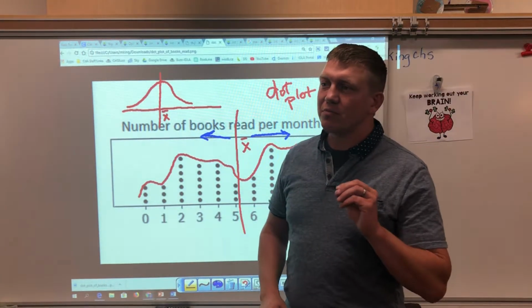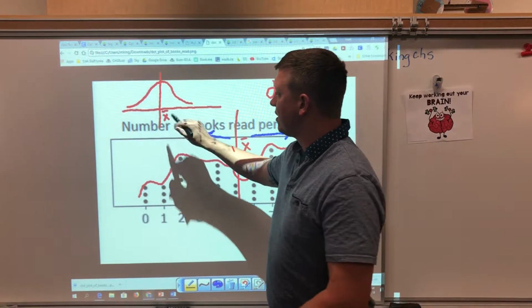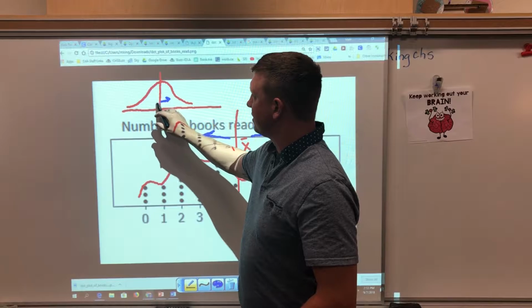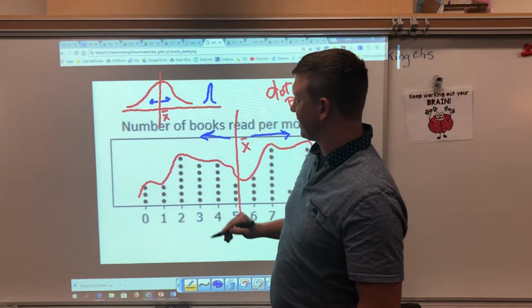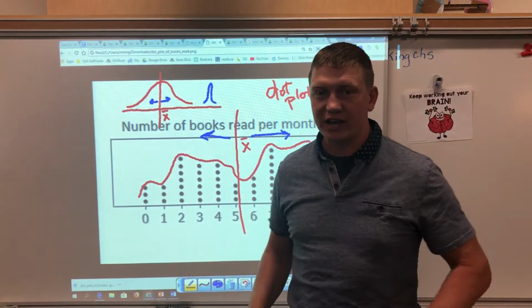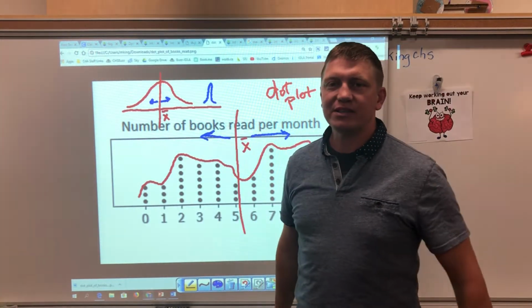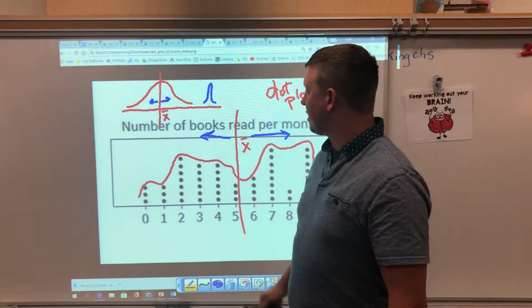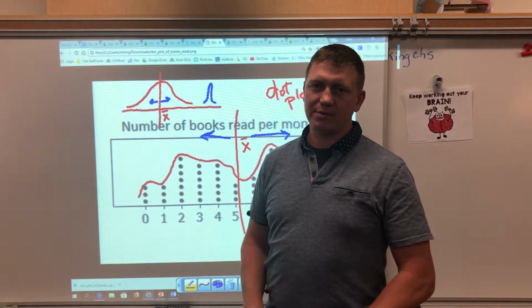But if it has a small standard deviation, then that means it looks more like this with not a lot of variance, all right? Or maybe even closer, like a bell curve that looks like that even, just like all the way clumped together, all the data. That means that you have, say, number of people reading books, they all read the same amount of books, approximately.